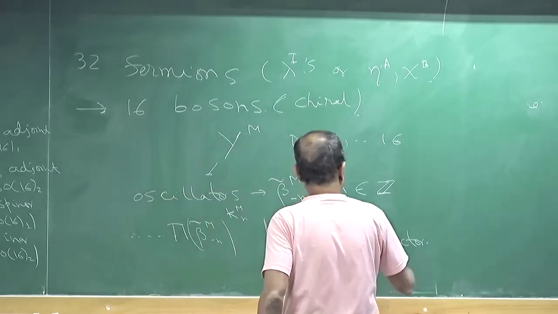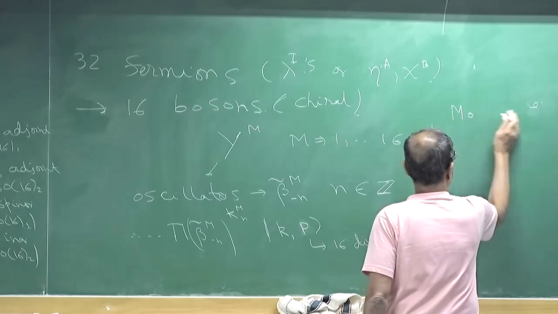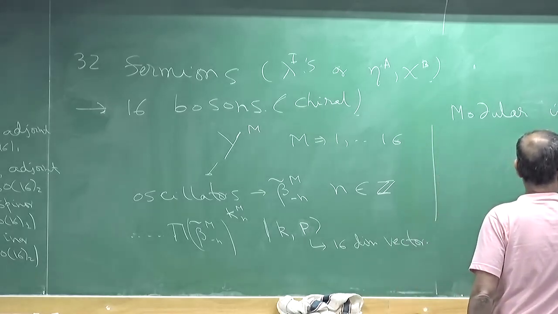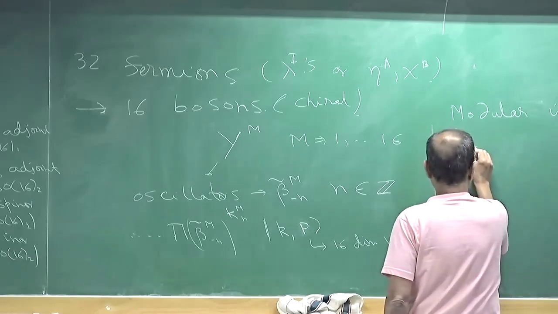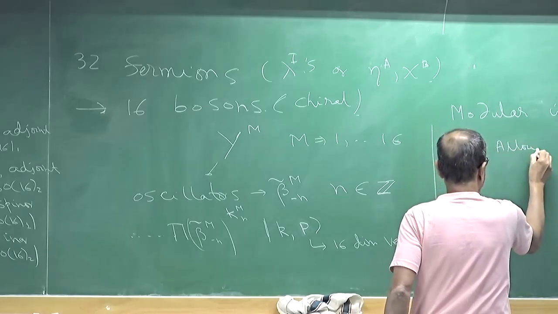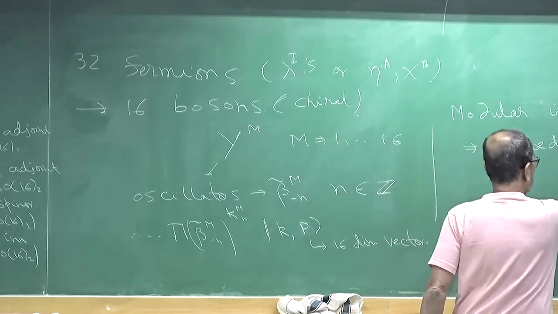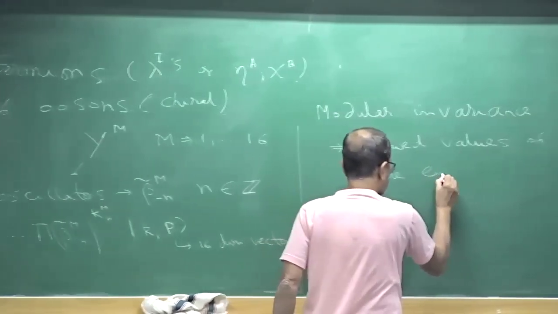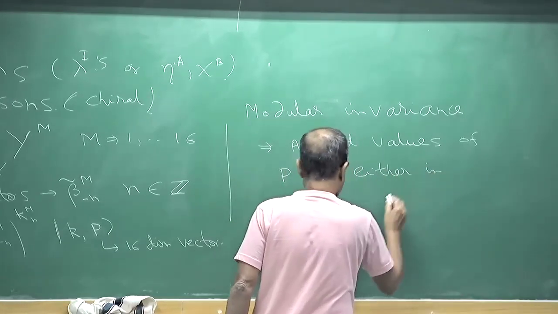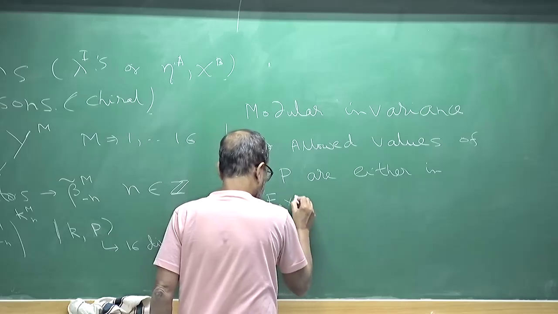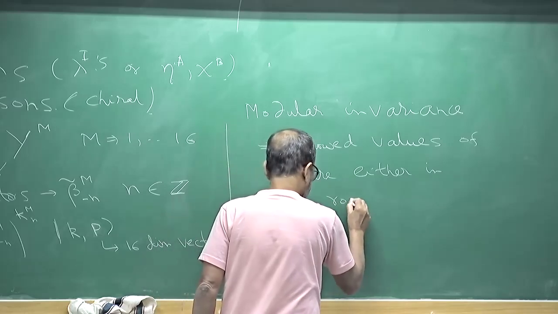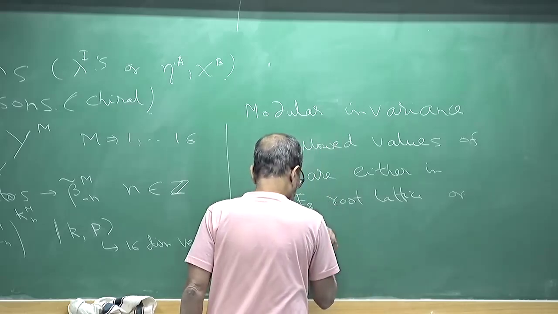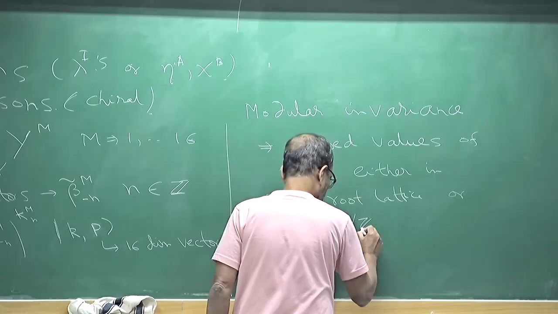So modular invariance, just like modular invariance fixed what kind of boundary condition you can put on the lambda I, tells you that the allowed values of P are either in the E8 cross E8 root lattice, or in the Spin(32)/Z2 root lattice.